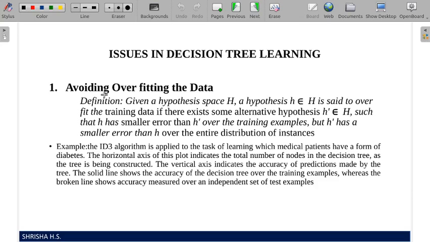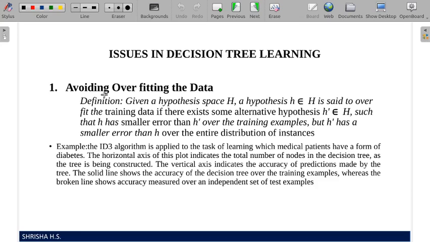We'll see the definition. Given a hypothesis space H, hypothesis H is said to overfit the training data if there exists some alternative hypothesis H dash such that H has a smaller error than H dash over the training examples, but H dash has a smaller error than H over the entire distribution of instances. What does this mean? In the hypothesis space, a collection of hypotheses which are consistent with the data set, there are two hypotheses H and H dash.